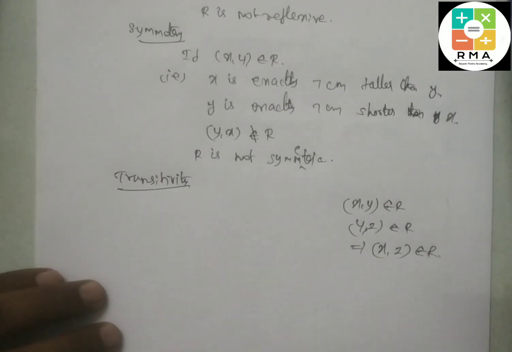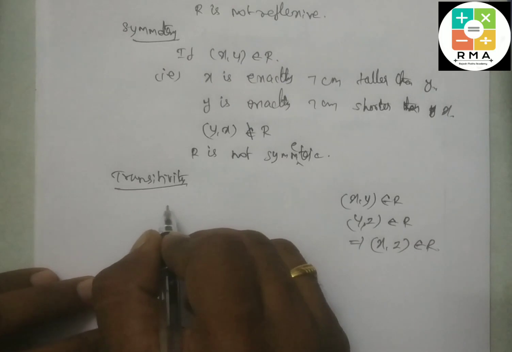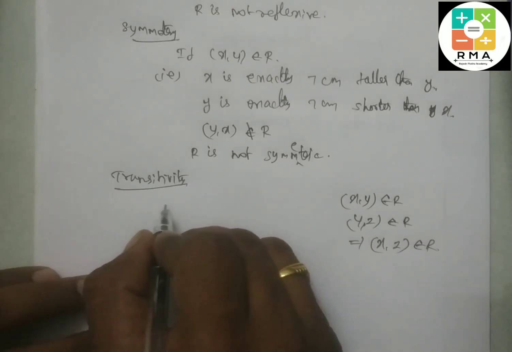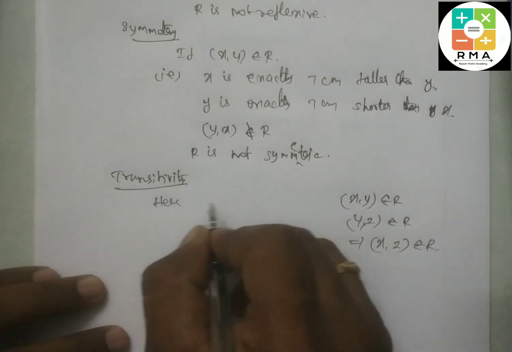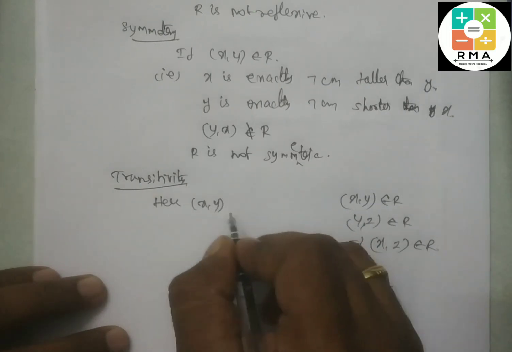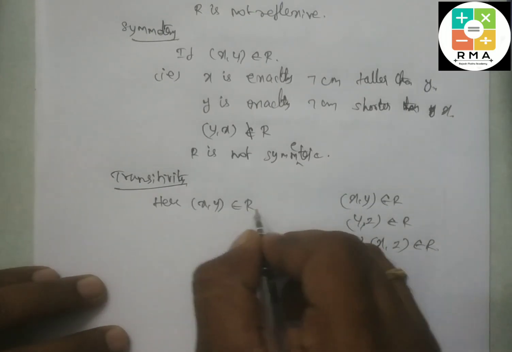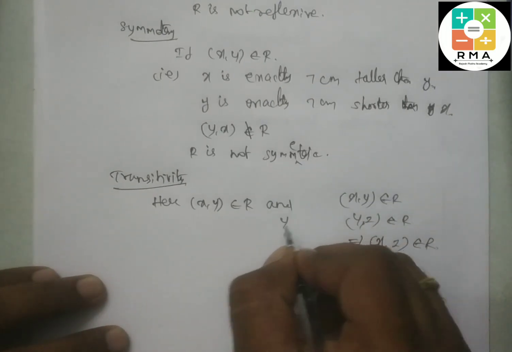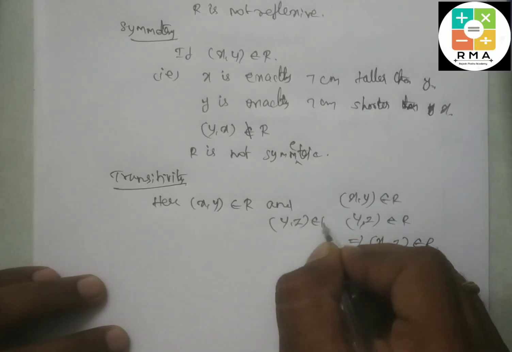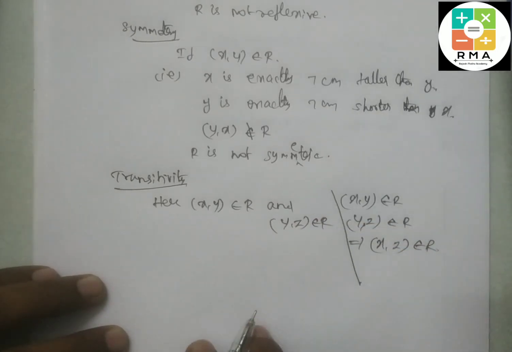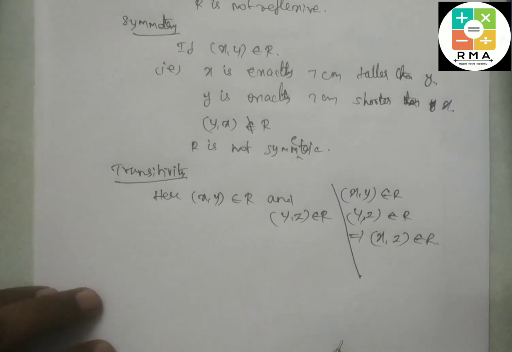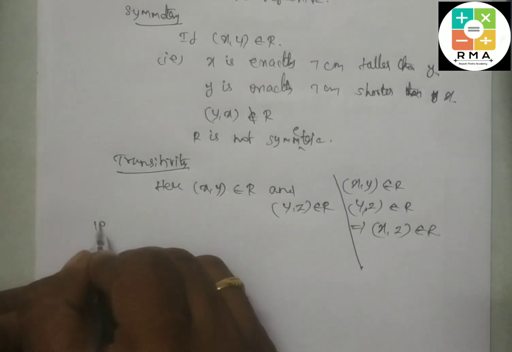So I am taking three persons here, such that x comma y belongs to R and y comma z belongs to R. What is the meaning of this?